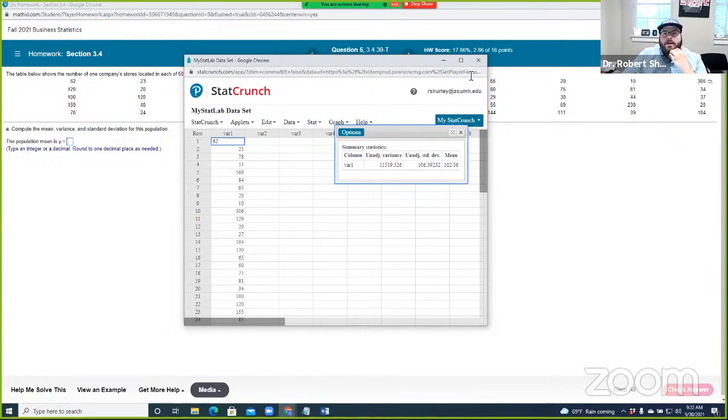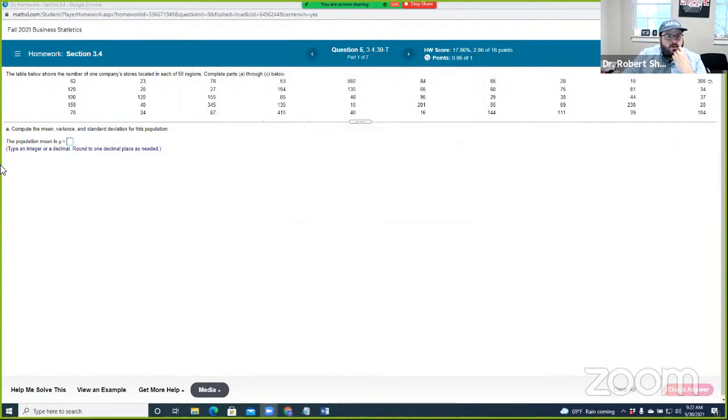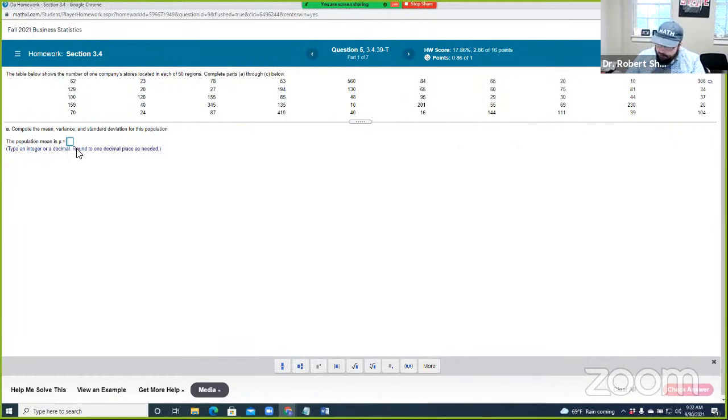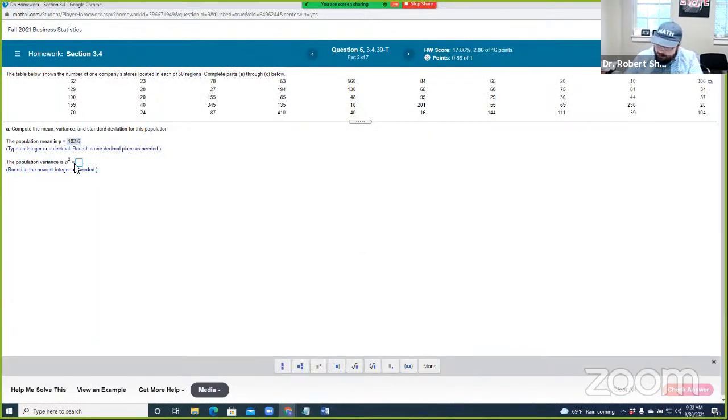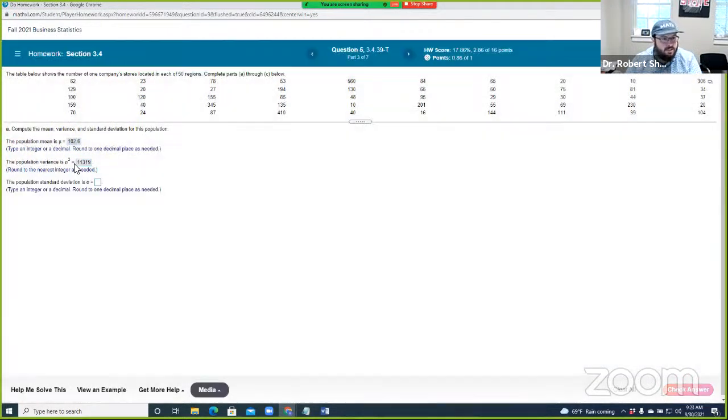Okay, so let's pop that into the answer here. So the mean: 102.5. Wait, what is it? One decimal place, so it would be 6. Yeah. Enter. Yay, good job. Okay, so then the variance is going to be 11319. Fantastic.